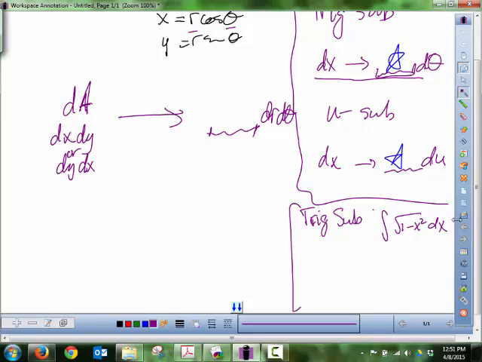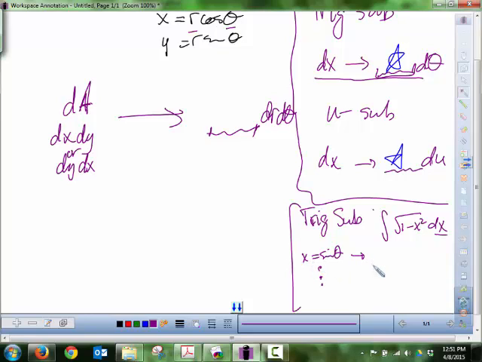So you would do a trig substitution. You would say, oh, okay, I'm going to let x equal sine theta, so that my square root will be 1 minus sine squared theta, which will become cosine squared theta, right? So I don't care about that stuff. What I care about is the dx replacement.